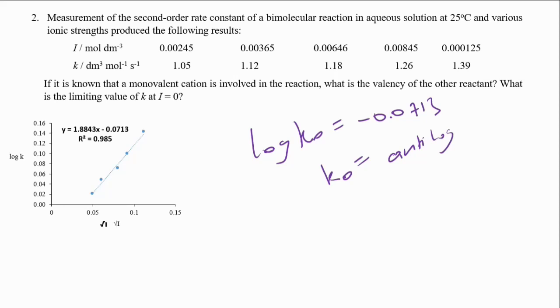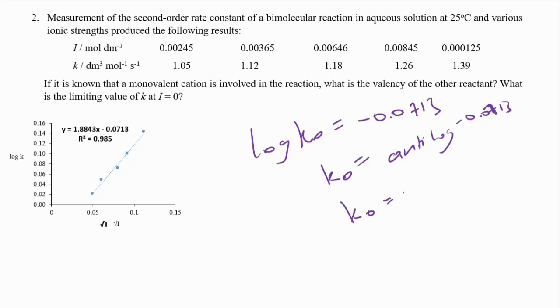Which simply means that k naught, which is the limiting value, is equal to the anti-log of minus 0.0713. Let me see if I can figure out the anti-log of minus 0.0713.